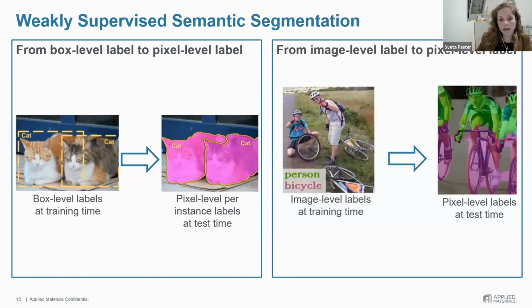In the next approach, we can use image level label to pixel level label, meaning that we have classes for our image during the training, and then at test time we want to get a segmentation map. We'll start by covering this approach since the annotations are already closer to the segmentation. This is the final solution that we want to get.